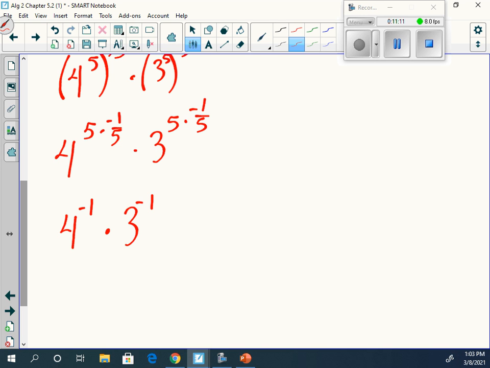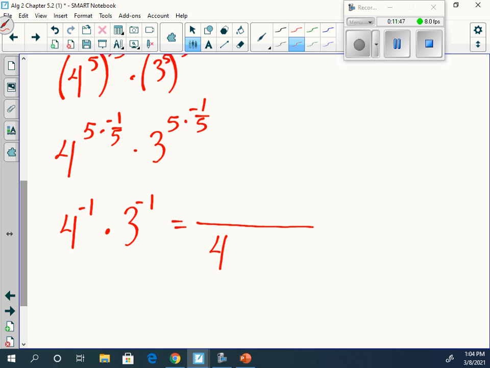Any questions on how we got 4 to the negative 1 times 3 to the negative 1? Are we good with these here? Now, according to our negative exponent rule, because we need the exponents positive, if I move it from the numerator to the denominator or denominator to the numerator, it takes the exponent from negative to positive or positive to negative. So since the 4 is negative, if I move it to the denominator, it goes to the first power.